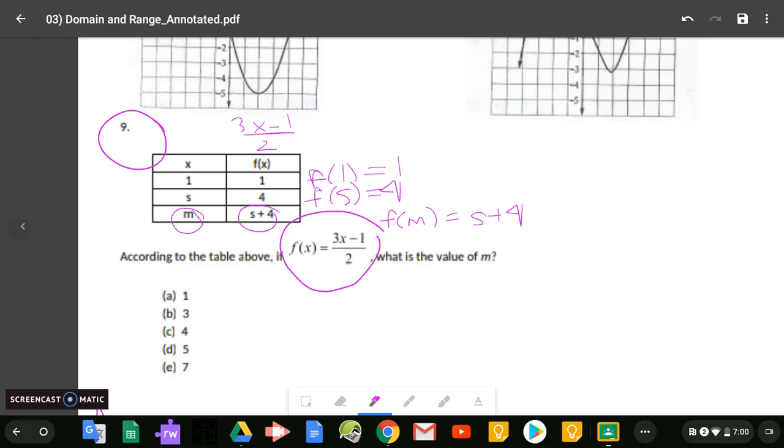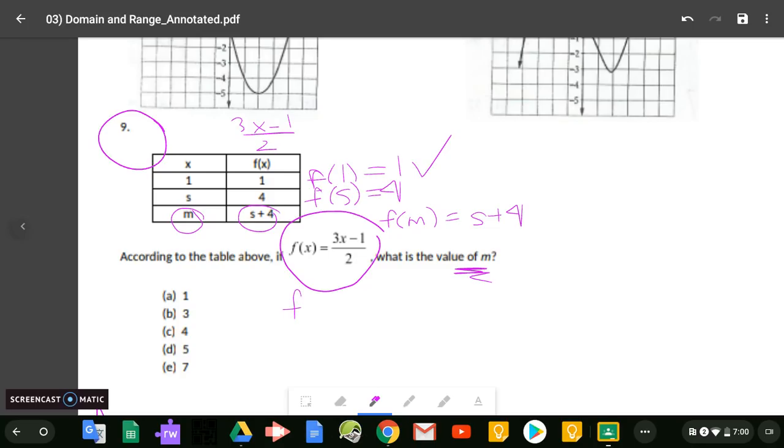Now, they want us to figure out m. So we're going to have to work backwards a little bit. This part, the f of 1 equals 1, isn't really going to help me figure out my next step. I'm going to use the fact that I know that if I plug in s for my x value, the output is 4.